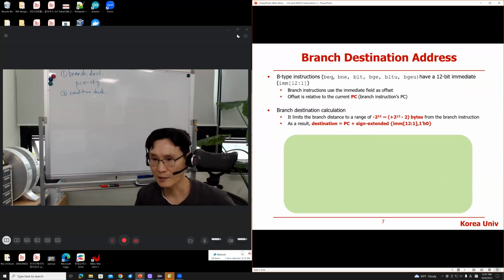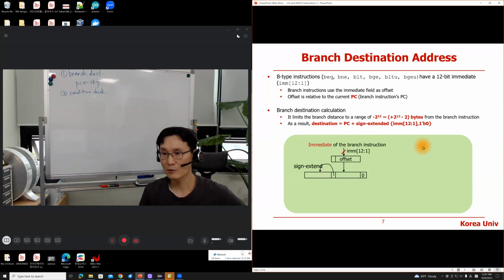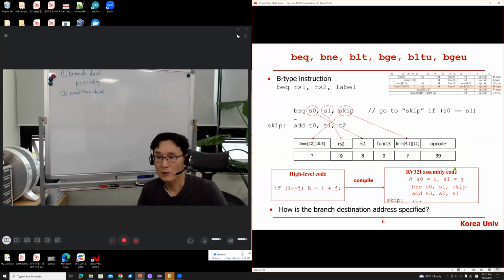If you check out the next slide, according to the RISC-V architecture, okay, let me go back to here. If you check out the branch instruction, first these two operands are encoded in RS1 and RS2, and this label skip is encoded in the immediate.